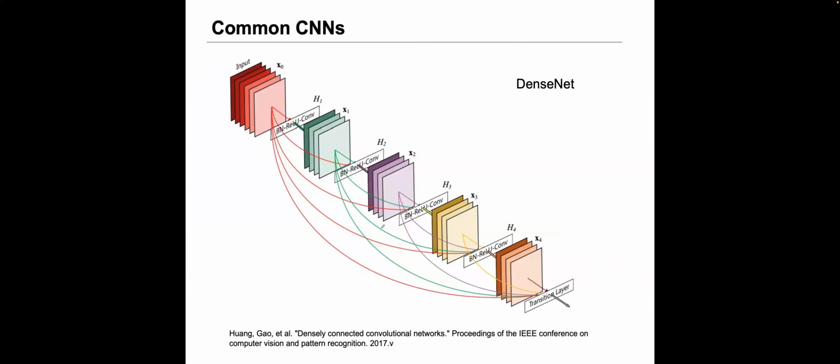Inspired by ResNet, they later built DenseNet. As you can see, you have a lot of different routing or skip connections, where you can jump from the first input layer directly to the last layer. This encourages information to flow through different layers.